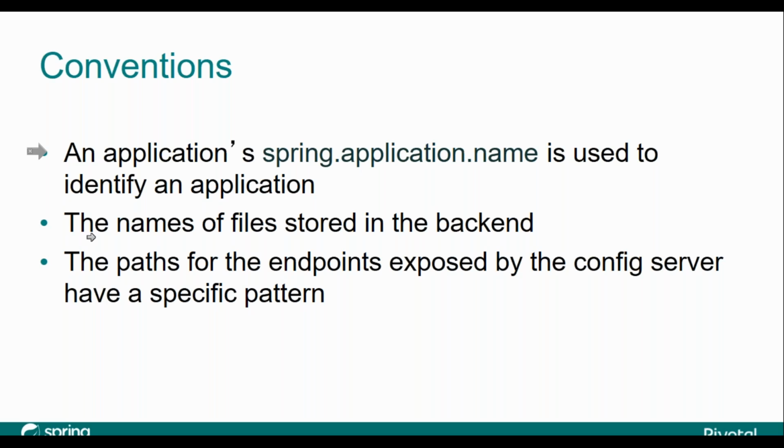Then the names of the files stored in a backend server, and the paths of the endpoints exposed by a config server, are going to have some specific pattern. Now, let us look at what those specific patterns are all about.